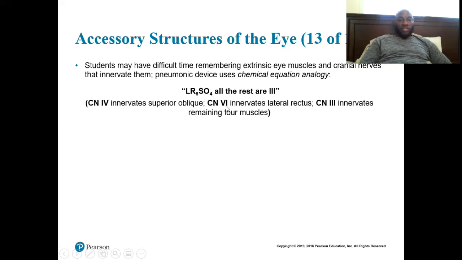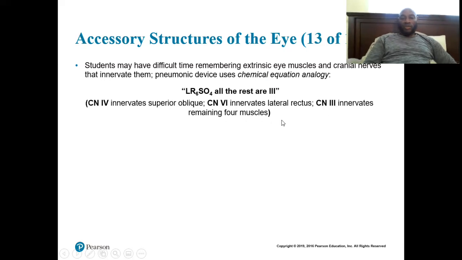Cranial nerve 6 innervates the lateral rectus, LR6. Cranial nerve 3 innervates the remaining four muscles. Right, so we've covered one cranial nerve with the nose, three with the tongue, and now another three with movement of the eye.